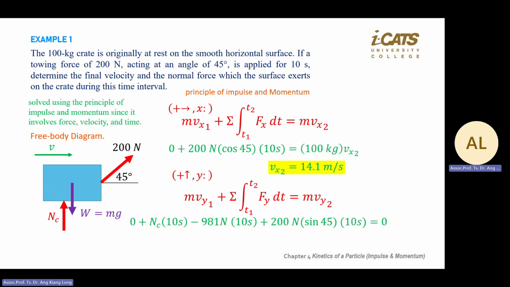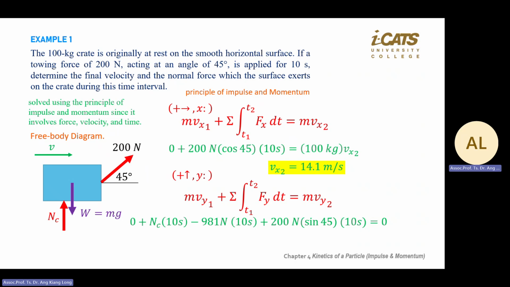So you have 4 impulses, depending on the axis that you split. On the x-axis, you have two impulses because of the 200 Newton at 45. However, in the y direction, you have 4 impulses. Okay, N, W, Fx, and Fy. So sorry, for y you have 3 impulses, not 4.